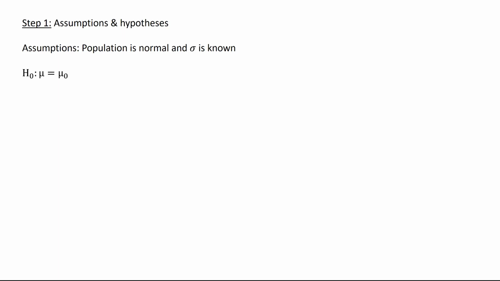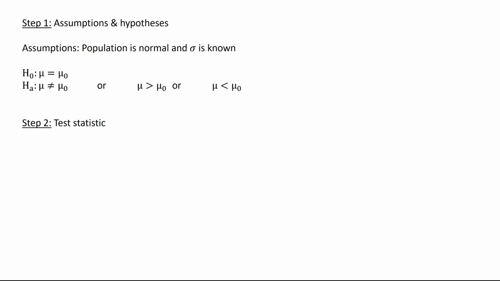Here, we'll call that hypothesized value mu sub 0, but that mu sub 0 will be replaced by the hypothesized population mean that you'll get from your research question. The alternative hypothesis will be that mu is not equal to, is greater than, or is less than mu sub 0, depending on if we have a two-tailed, right-tailed, or left-tailed research question.